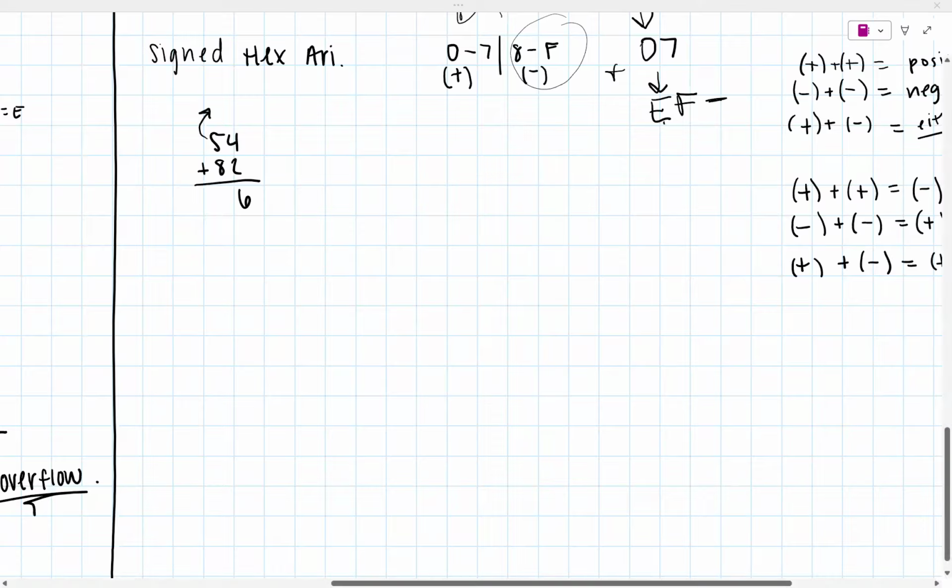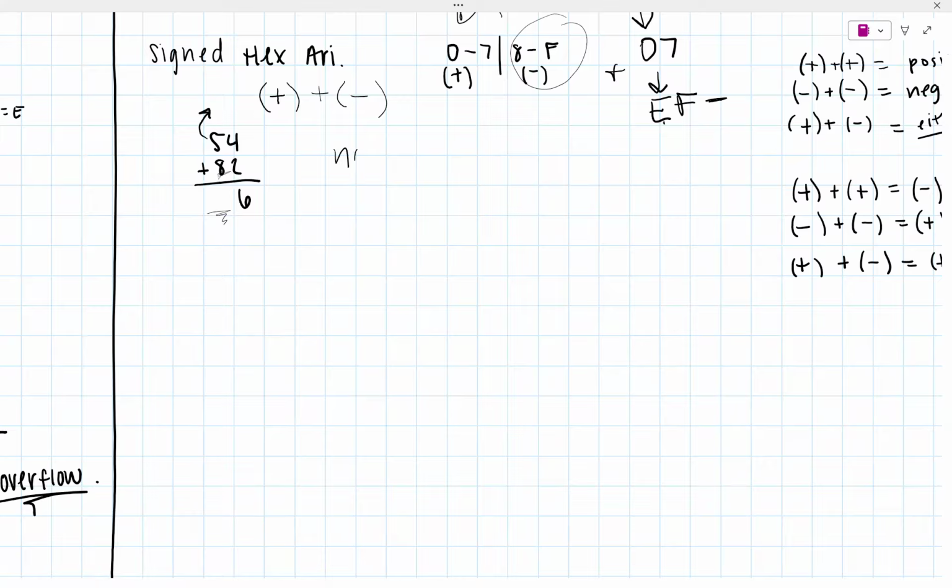So 5, we know that falls into this positive range. So we know we're having a positive number. And then this 8, that falls into the negative range. Right? So we know that no matter what sign we end up here with, there will never be overflow. So we can already tell no overflow.